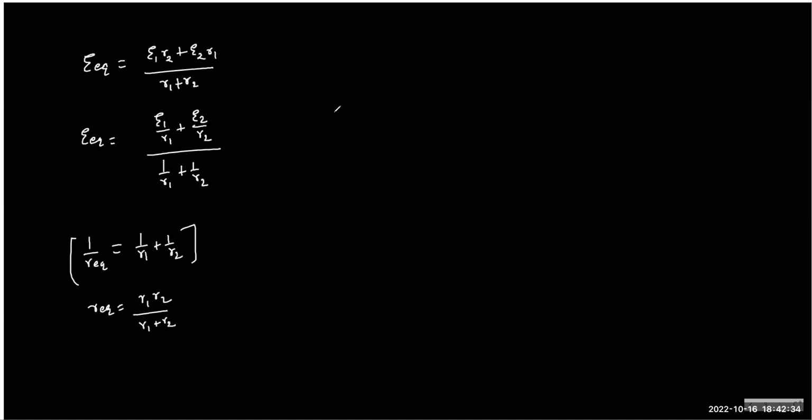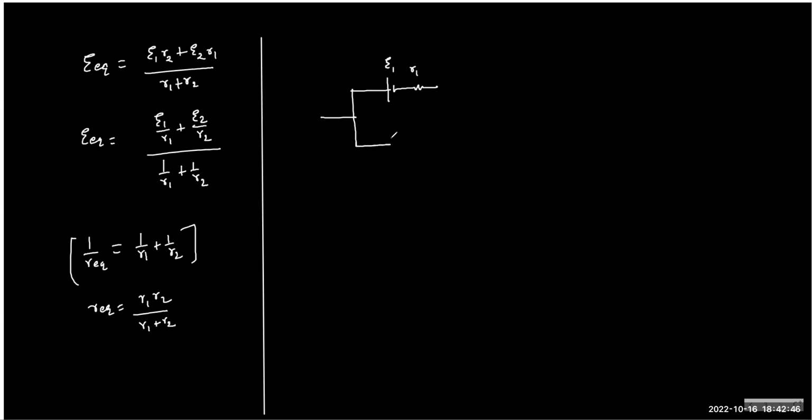So every parallel combination of cells can be reduced to a single cell and a single resistance, and we call them E equivalent and R equivalent.